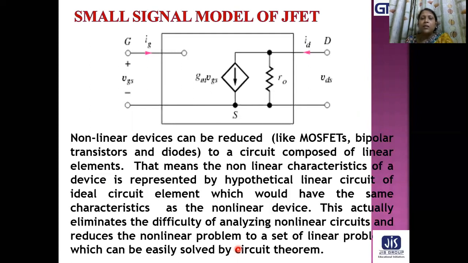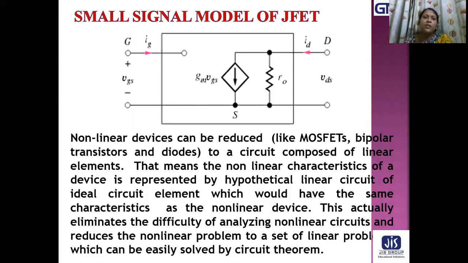That means the nonlinear characteristics of a device are represented by a hypothetical linear circuit of ideal circuit elements which would have the same characteristics as the nonlinear device. This eliminates the difficulty of analyzing nonlinear circuits and reduces the nonlinear problem to a set of linear problems which can be easily solved by circuit theorems, that is Thevenin's theorem, Norton's theorem, etc.